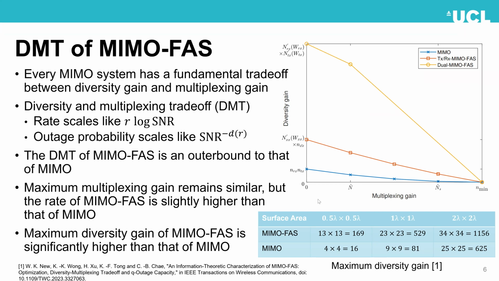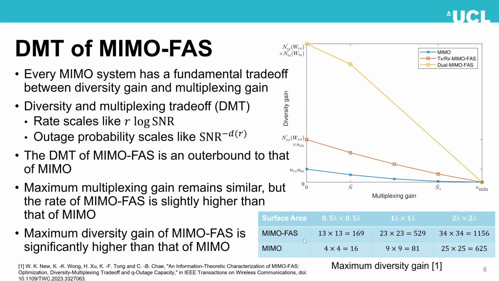Okay, so for example, if we consider a surface area of half a wavelength times half a wavelength, then the maximum diversity gain of MIMO-FAS can be 169, while the maximum diversity gain of MIMO is only 16, assuming that the antennas should be separated by at least half a wavelength in MIMO. Okay, now as the surface area increases, of course the diversity gain also increases for both schemes.